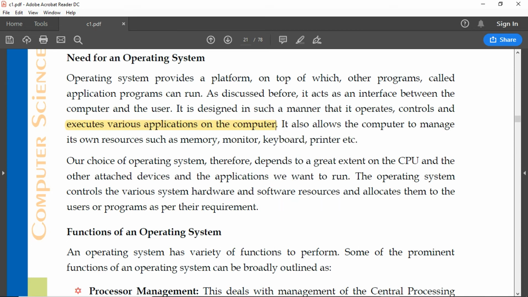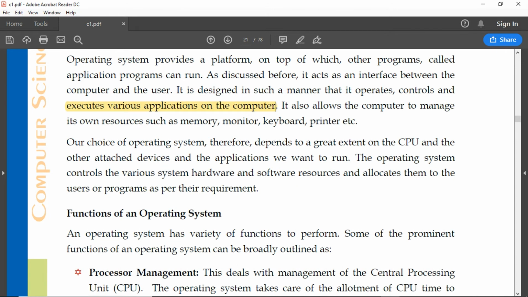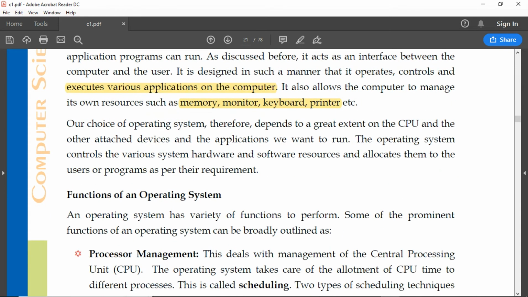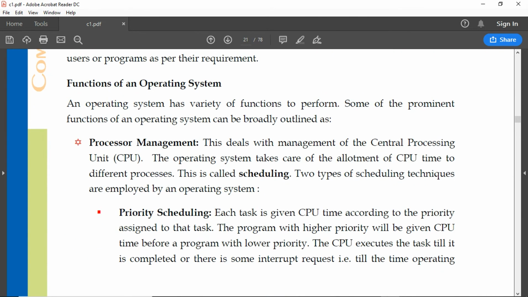It also allows the computer to manage its own resources such as memory, monitor, keyboard, printer, etc. Our choice of operating system, therefore, depends to a great extent on the CPU and the other attached devices and the applications we want to run. The operating system controls the various system hardware and software resources and allocates them to the users or programs as per their requirement.